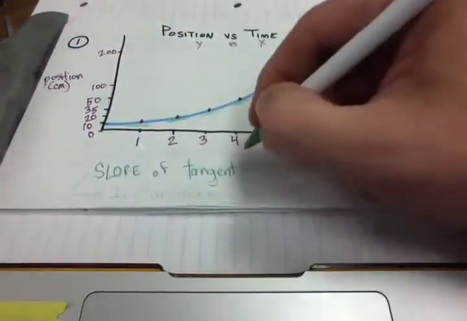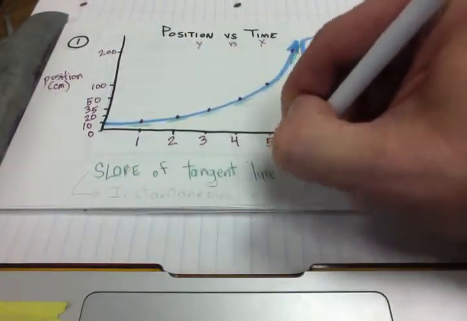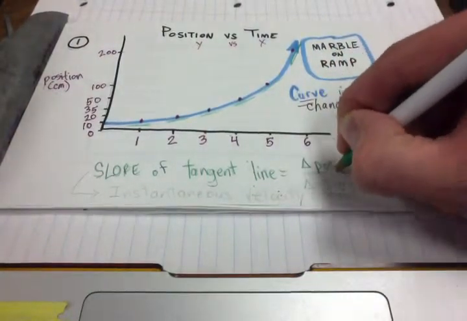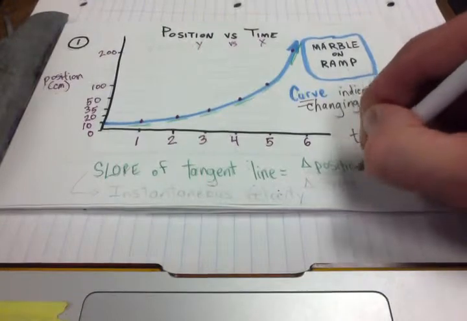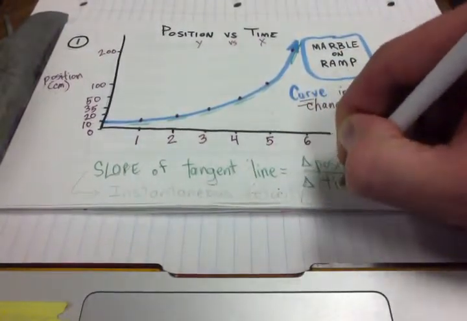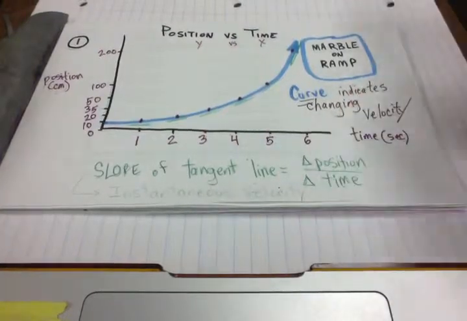If you look at the slope of your tangent line, it's a position versus time graph. That's the same thing we've been doing. That is our change in position. The slope of that is our change in y over change in x, our change in position over change in time.